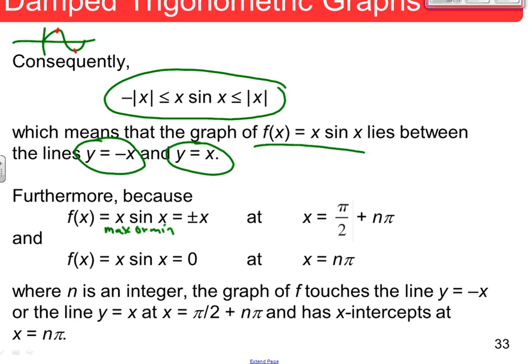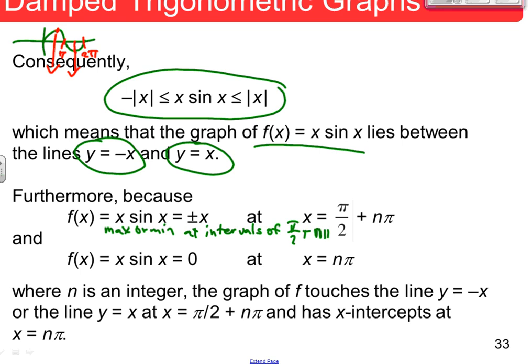In a regular period, there's 2 pi, here's 1 pi. So they happen at pi over 2 is a maximum. And then the next one, which is a maximum or a minimum, is 1 pi down the road, so to speak. And so that's why we get that this max or min occurs at intervals of pi over 2 plus n pi.